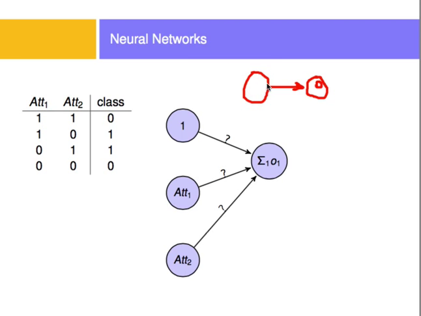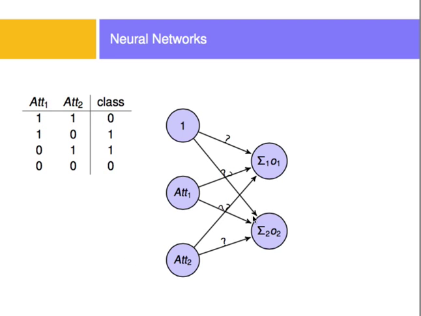So let me get rid of my symbols here. All right, so this is one perceptron. We know that one perceptron cannot solve this problem. But now I'm going to connect the same attributes to another sigma output unit.